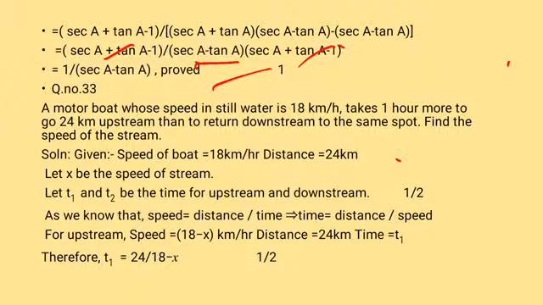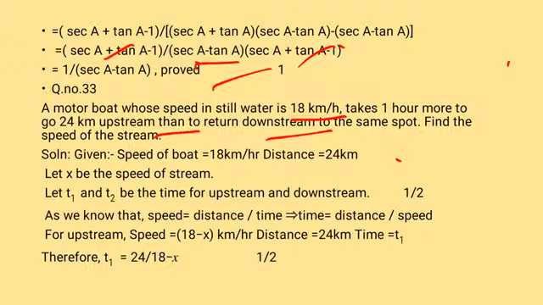Next question, question number 33. A motorboat whose speed in still water is 18 km per hour takes 1 hour more to go 24 km upstream than to return downstream to the same spot. Find the speed of the stream. Here the given condition is speed of boat 18 km per hour, distance 24 km.